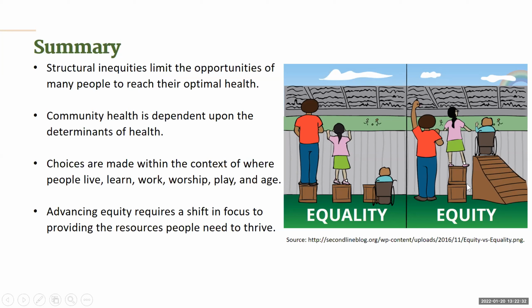But what we're finding is that we need to meet people where they are. We need to be able to adjust what we are doing, whether that's working in cooperative extension or some other government or public health agency. We need to meet people where they are in order to ensure that everyone has an opportunity for optimal health outcomes.